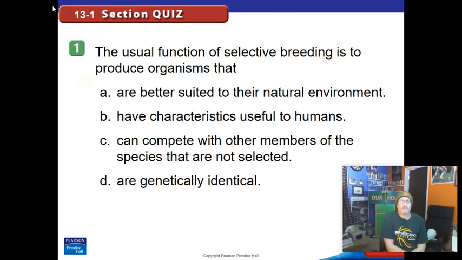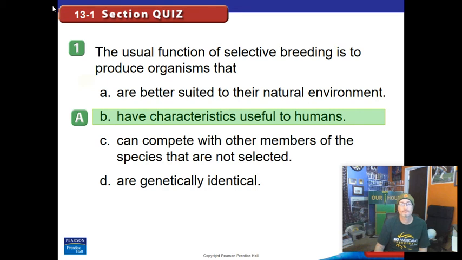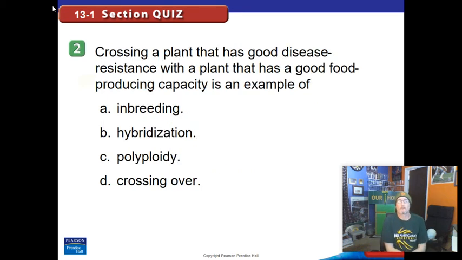Okay, the useful function of selective breeding is to produce organisms that... Why do we do it? What benefit does it give us? Yeah, they have characteristics that are useful to us or desired by us. Crossing a plant that has good disease resistance with a plant that is good for food producing capacity is an example of... Again, the goal is to have both of those characteristics in the offspring.